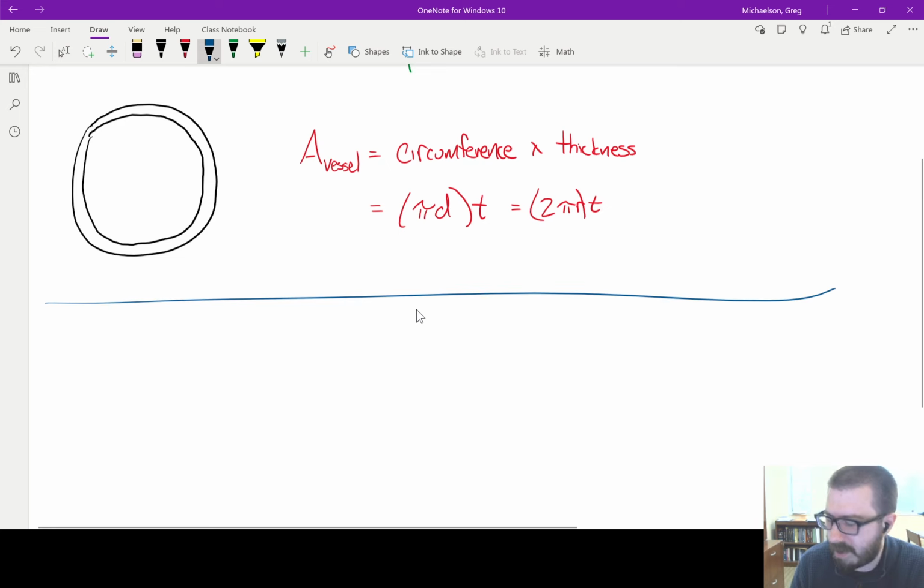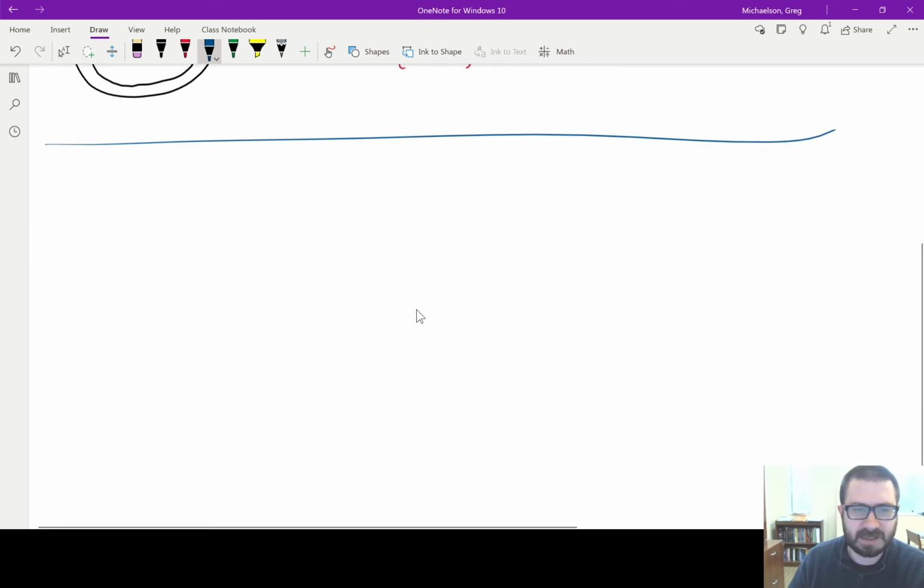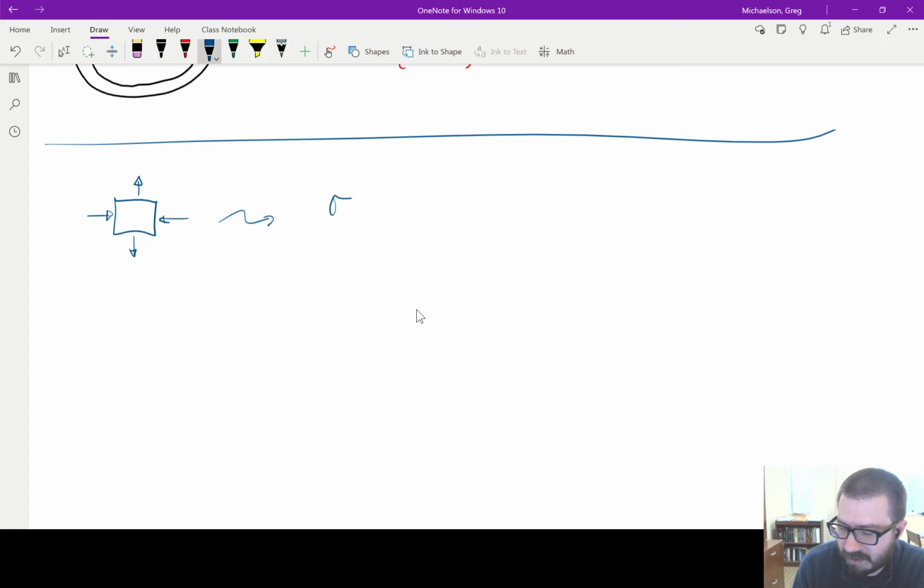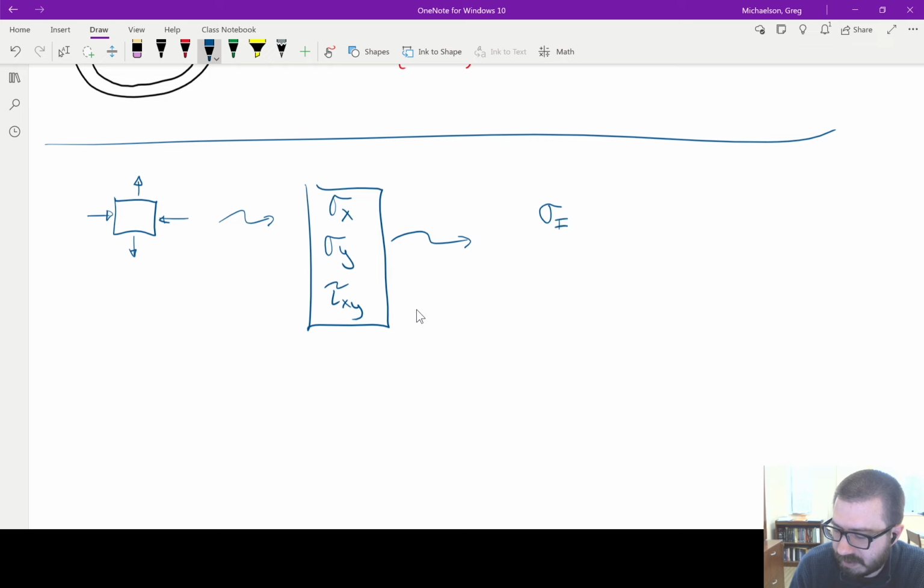Now, the second part, I wanted to explain where it says consider in-plane stresses only. Here's your stress state, and ultimately what we're considering is stress like this, and taking these and saying, here's my sigma x, here's my sigma y, here's my tau xy, and then feeding those into Mohr's circle to get this, this, and this.